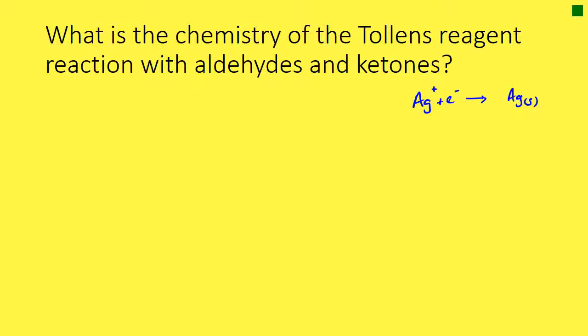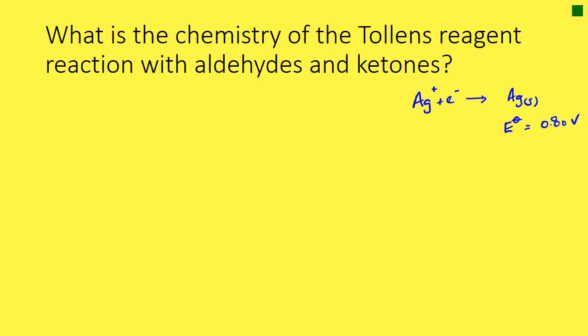It likes that to happen, and our standard electrode potential for that reaction is quite high for a metal at 0.80 volts. So it really wants to happen. Silver ions quite like being silver atoms.